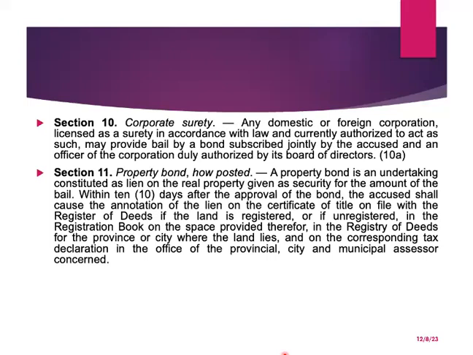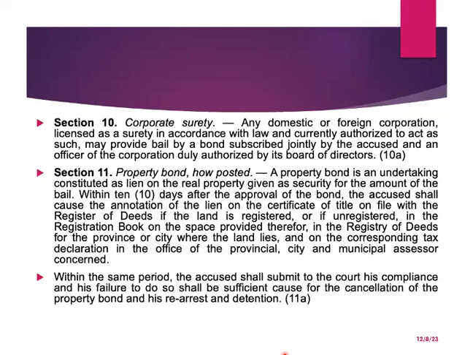Within 10 days from the approval of the bond, the accused shall cause the annotation of the lien on the certificate of title on file with the Register of Deeds if the land is registered, or if unregistered, in the registry book on the space provided therefor in the Registry of Deeds for the province or city where the land lies, or in the corresponding tax declaration in the office of the provincial, city, and municipal assessor concerned.